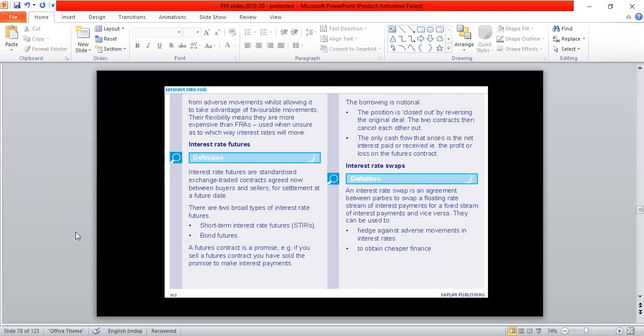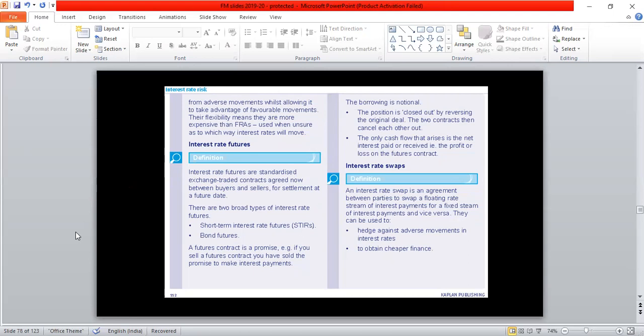But because of the fluctuations in the interest rate, one party gets benefited, another will have to face the adverse movement. To protect against that, if they enter into an interest rate guarantee option included into the FRA, they can be insured, but sometimes it may prove to be expensive.